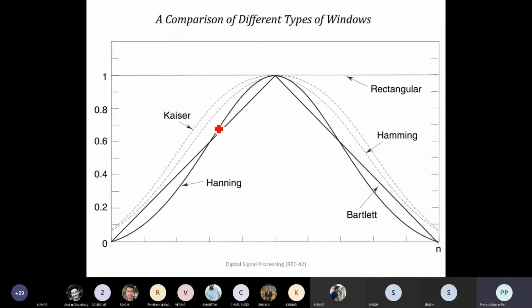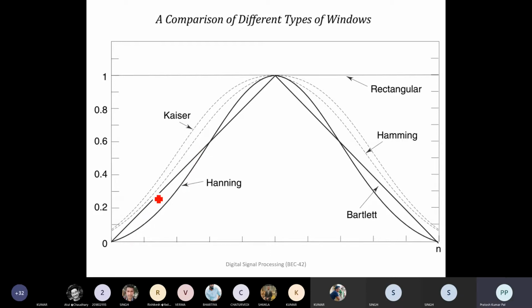The first one is the rectangular window, following the rectangular shape. From 0 to n samples, it will have a magnitude of 1 and will be constant throughout. Similarly, we have two other windows, like the Hamming window.